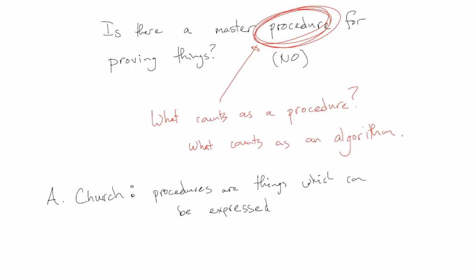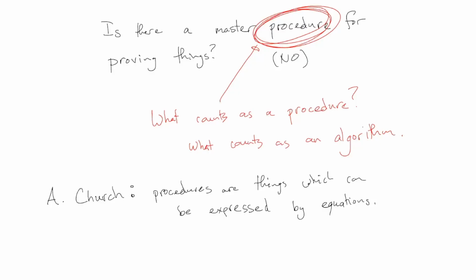They would say something like procedures are things which can be expressed by equations. So when Hilbert was asking something like, is there a master procedure? What Church had in mind was some kind of big, complicated formula that you could plug stuff into and get an answer out of, all right? Things that can be expressed by equations.